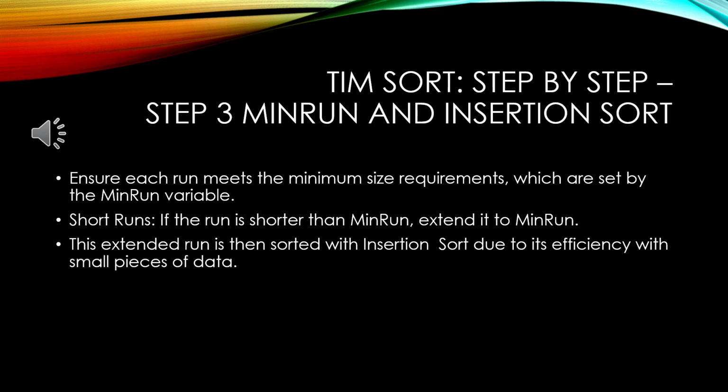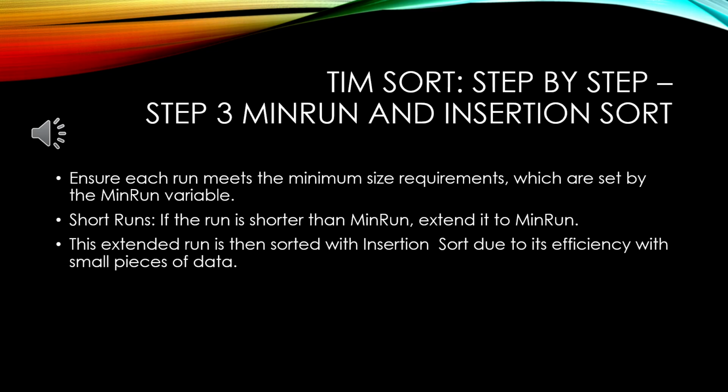So if a natural run is too short, let's say it has 15 elements, and we have min run set to 32, we would extend the run by grabbing elements again and again until it hits 32. This extends the run and is then sorted using a direct insertion sort. So we're extending it and sorting it.